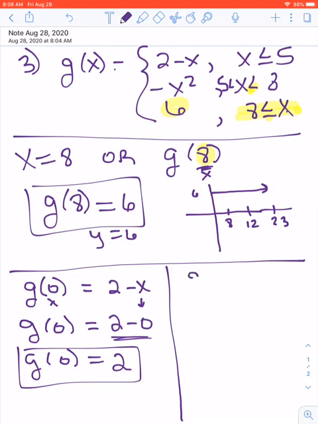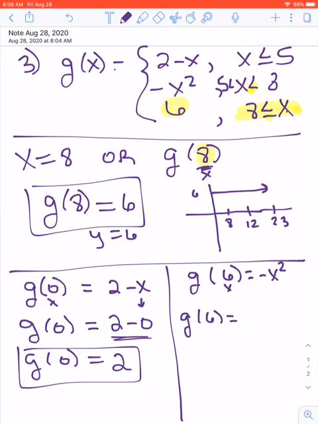Let's do another one. G of 6. So keep going back to the parameters and ask yourself, is 6 smaller than 5? No. Is it between 5 and 8? Yes. So I'm going to use the negative x squared function, and I'm going to plug 6 in for x.